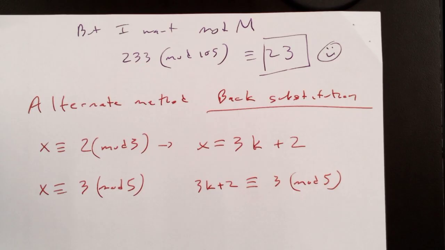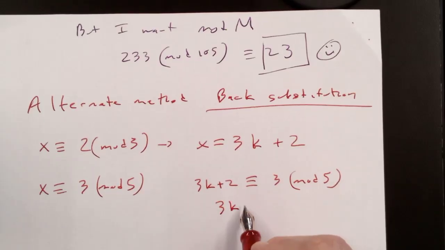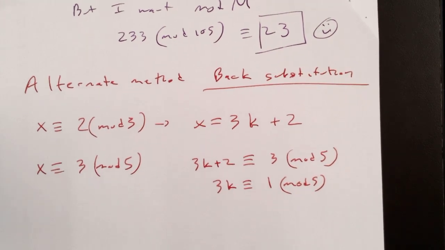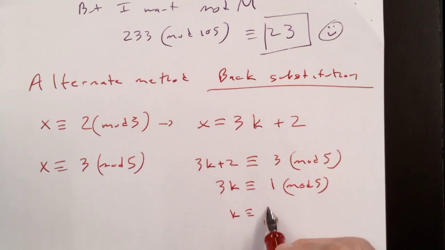But wait a second. Subtract 2. 3k congruent to 1 mod 5. Oh, this is finding an inverse, isn't it? What's the inverse of 3 mod 5? I don't even need to go there. K must be 2.